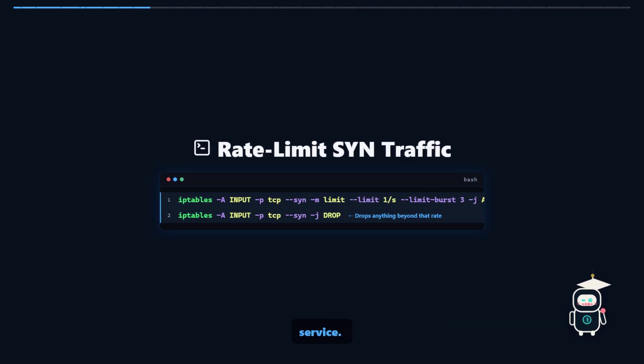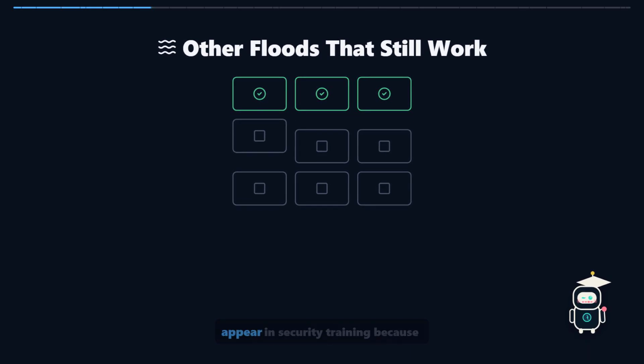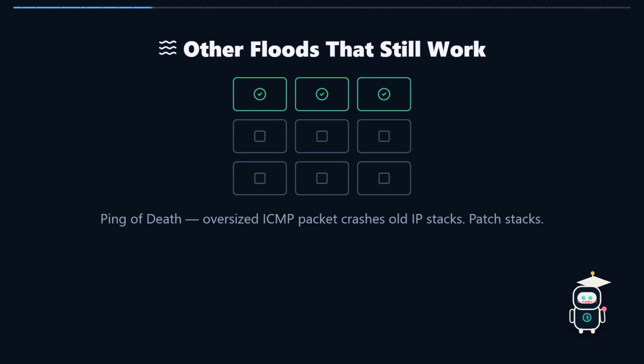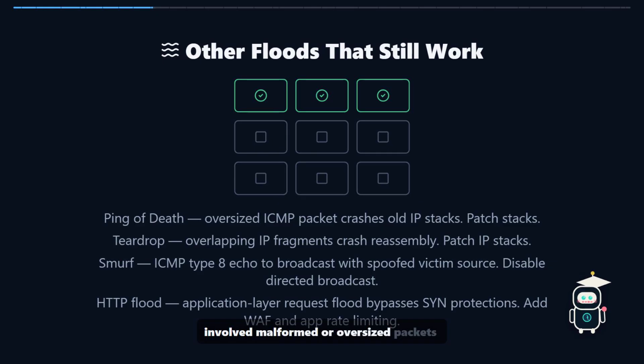Some classic denial of service examples still appear in security training because they explain important design lessons. Ping of Death and Teardrop involved malformed or oversized packets that affected vulnerable legacy implementations.